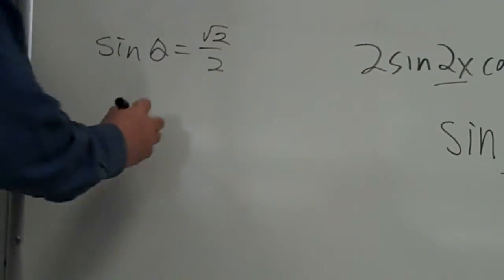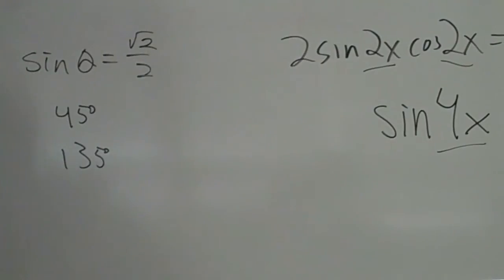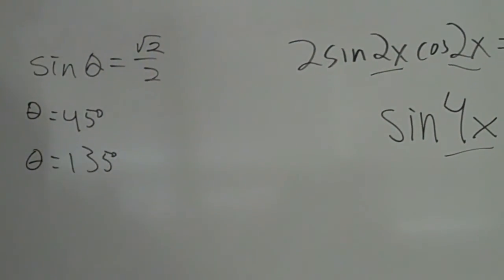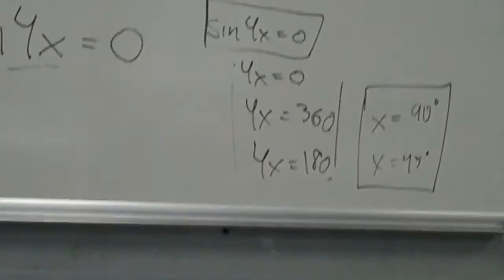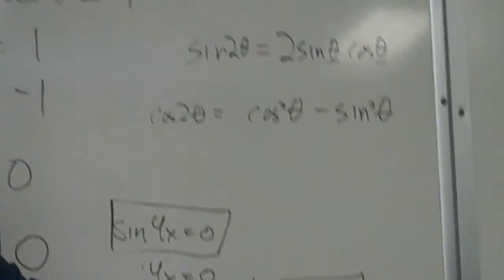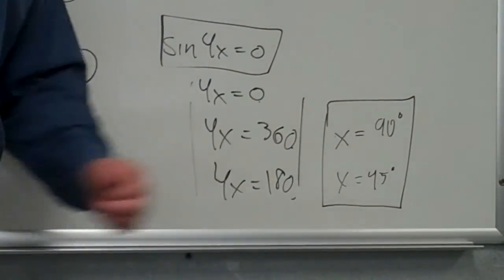You should go to your chart and tell me it's at 45 degrees and at 135 degrees, right? So then I would say theta equals 45 and theta equals 135. The only difference is they've got a 4x instead of a theta, so after we do that we have to do a little more algebra. Where do the 90 and 45 come from? What's 360 divided by 4? Oh, then it's 360 divided by 4. 90. You got it.